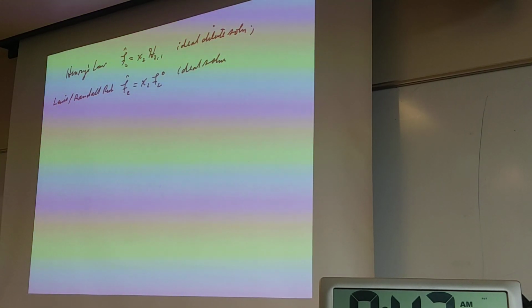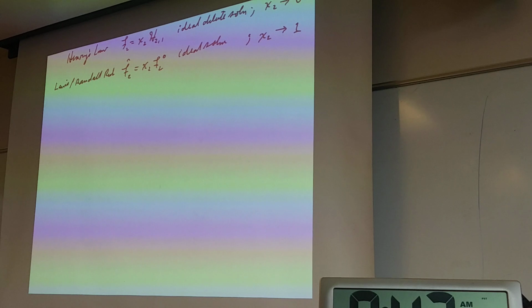Ideal dilute solution holds as x2 goes to 0, and the Lewis and Randall rule holds universally as x2 goes to what? Goes to 1. So it's important to look at these distinctions, but let's graph both Henry's law and the Lewis and Randall rule for a particular case and see where we are.